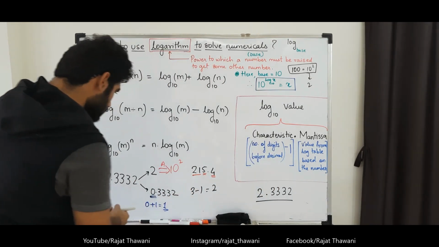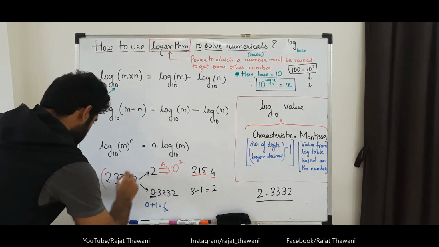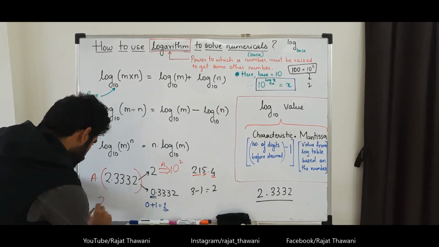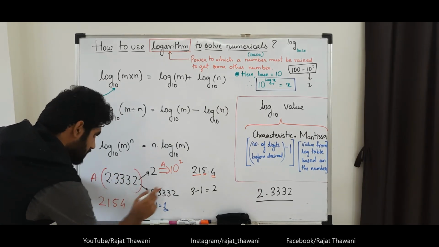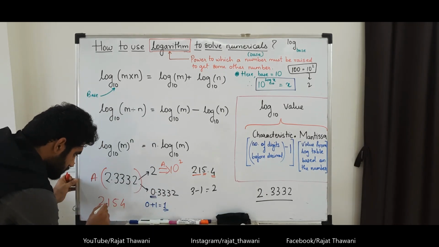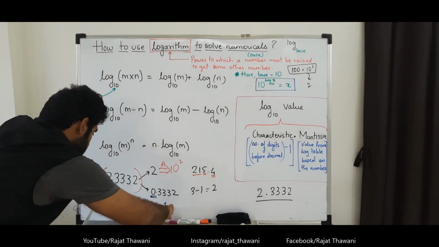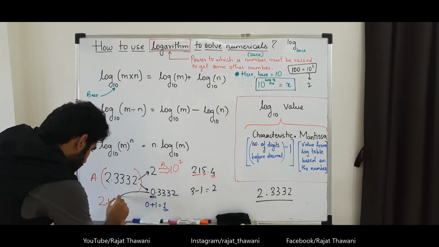Therefore the antilog of this number comes to 2154, and the point will be after the first digit, so here 2.154. Now this is an incomplete answer, this is just the antilog for this part.